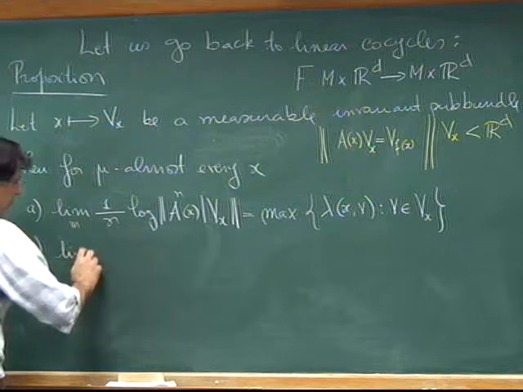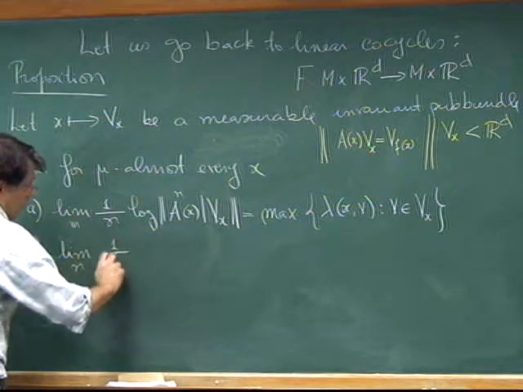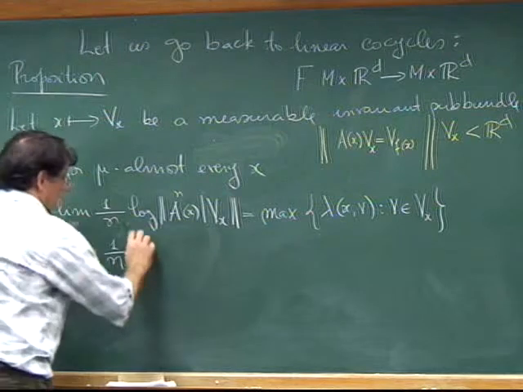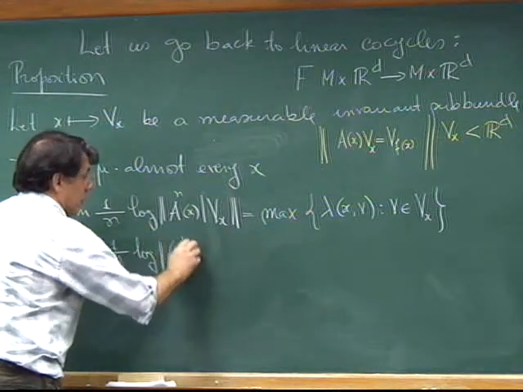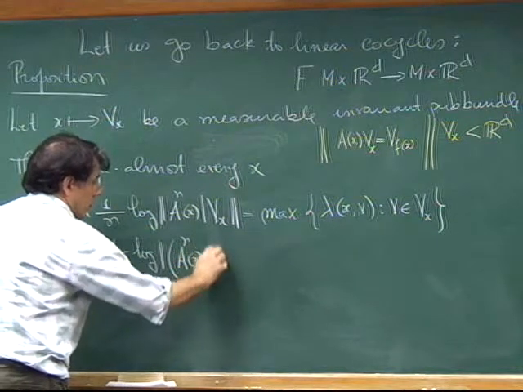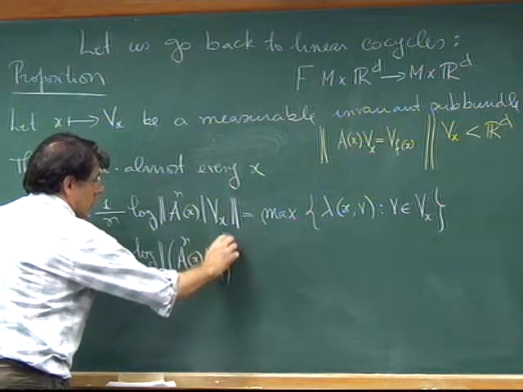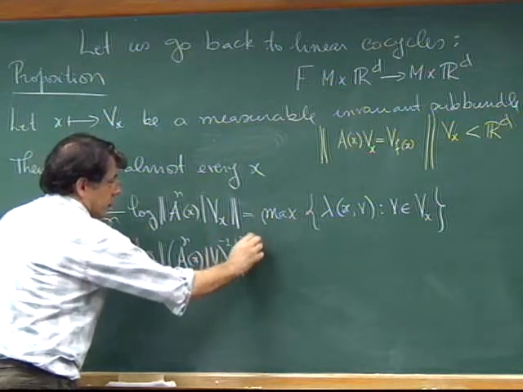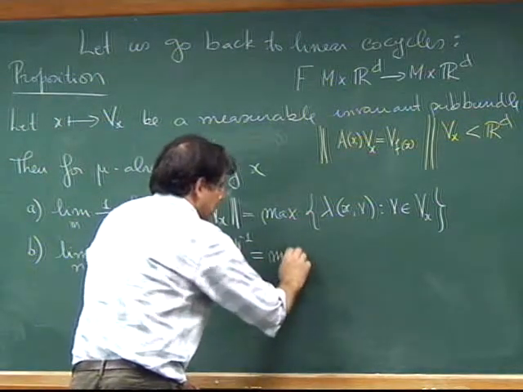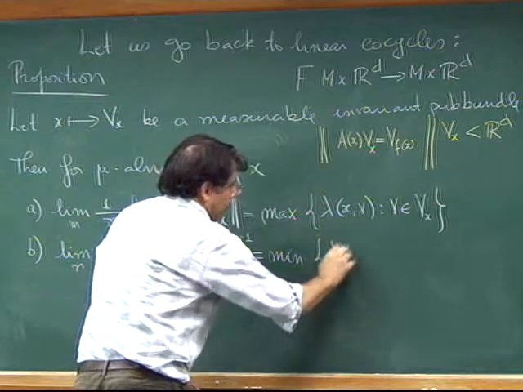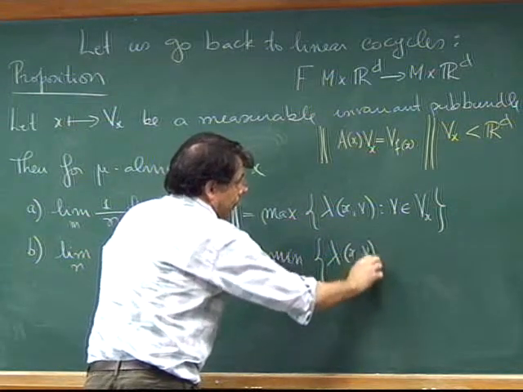And the limit of 1 over n logarithm of the conorm of an x restricted to Vx is the minimum of lambda x v.